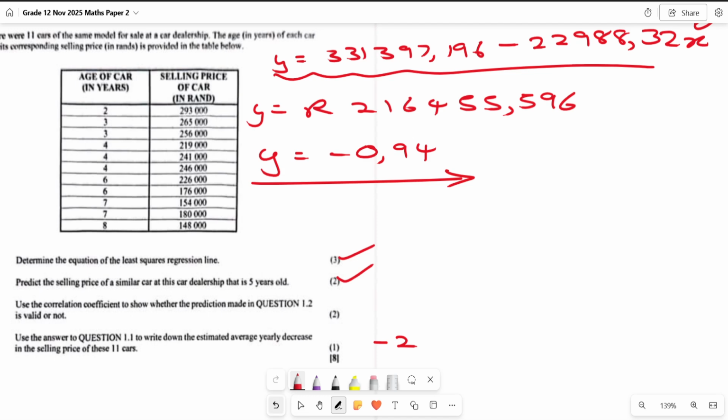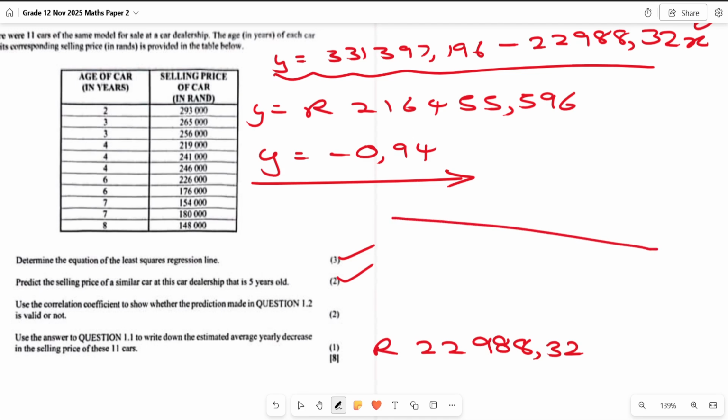It's going to be Rand 22,988.32. Okay, because it's the gradient. This is a straight line, and it is that gradient that controls your outcomes basically. You guys are in grade 12. It makes sense, right?